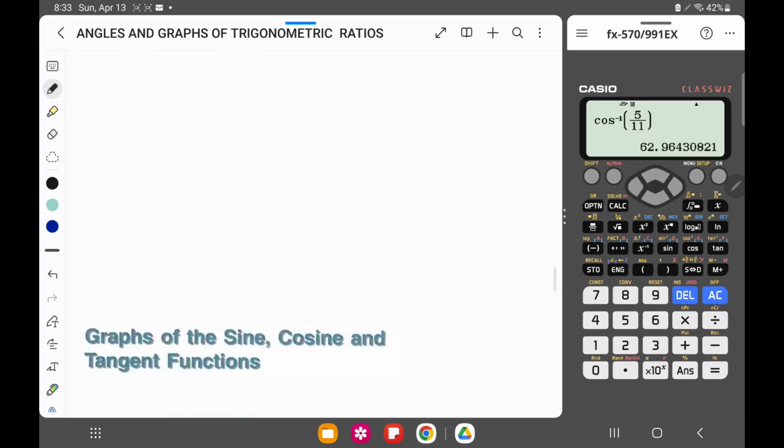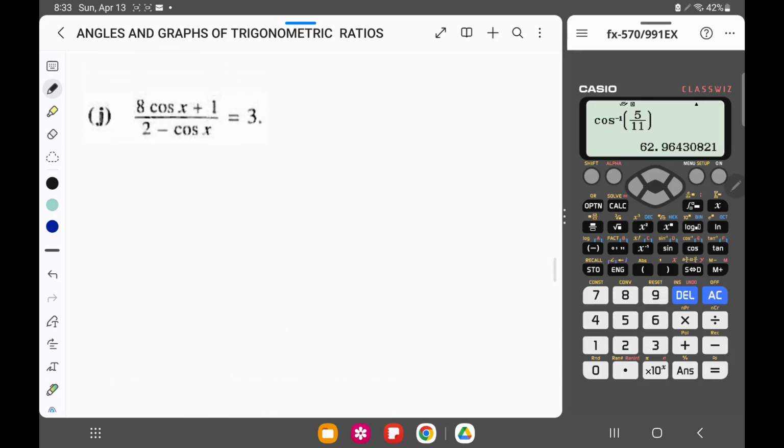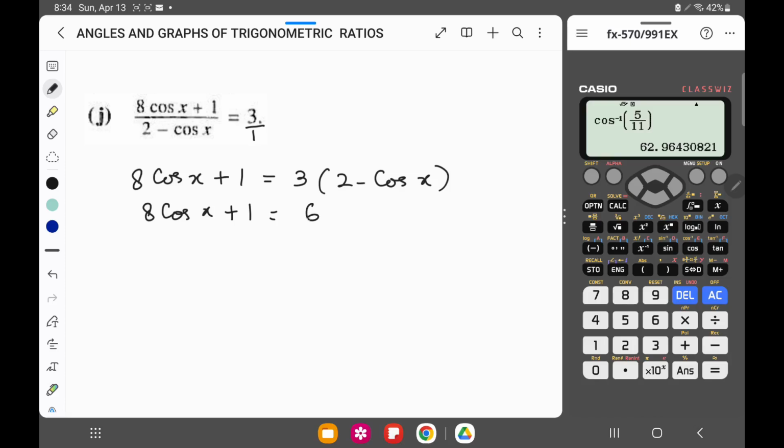Alright, the next question, part J. So this is the last question, and then we'll discuss some basic graphs of sine, cos, and tan. You just simply cross multiply: 8 cos x plus 1 is equal to 3 times 2 minus cos x, and then 8 cos x plus 1 is 6 minus 3 cos x, because 3 will multiply with both terms.